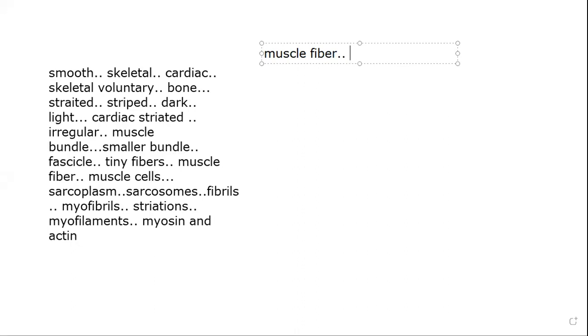Normally we call it the plasmalemma or the cell membrane, but in this case we will call it the sarcolemma, the outer covering of the muscle cell. This sarcolemma shows T-shaped depressions. It shows invaginations.